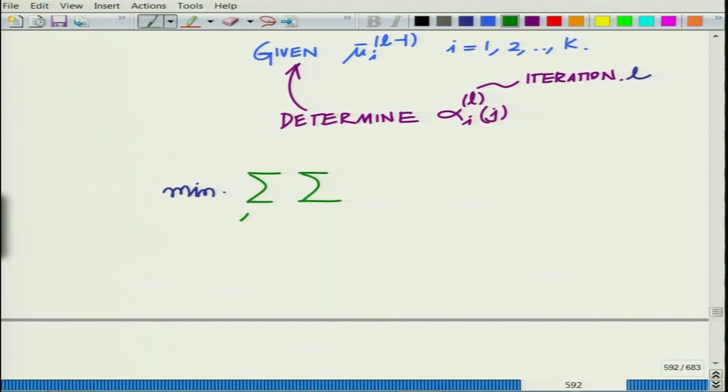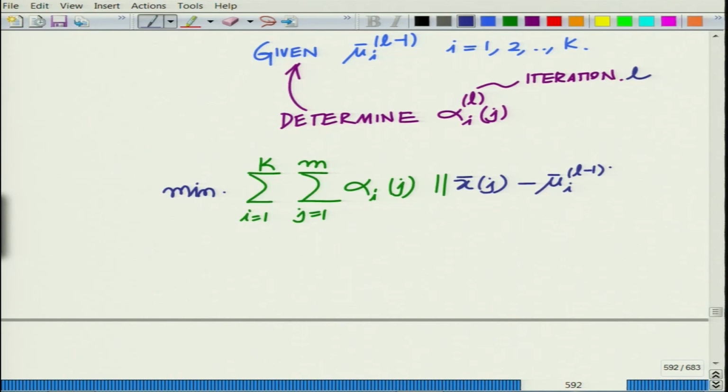This is essentially I equal to 1 to k, j equal to 1 to m, alpha I j norm x bar j minus mu bar I L minus 1 square. Now, determine, these are essentially what we have to determine.